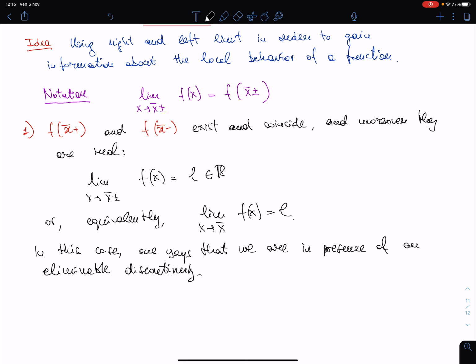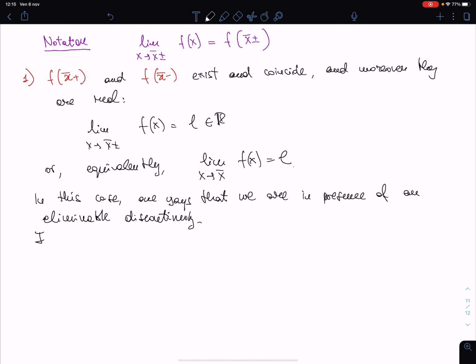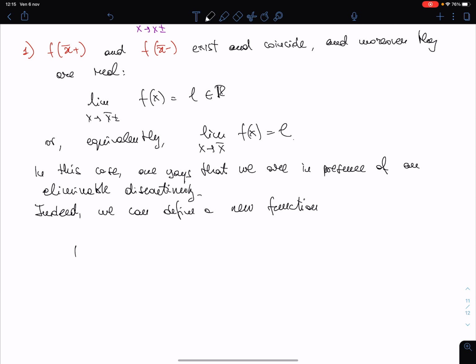What does it mean that we are in presence of an eliminable discontinuity? It means that we can define a new function f tilde of x, which is equal to f of x for x different from x bar, and L for x equal to x bar.